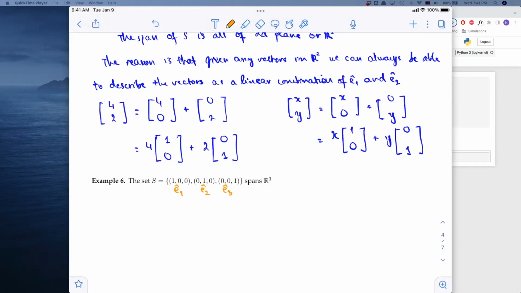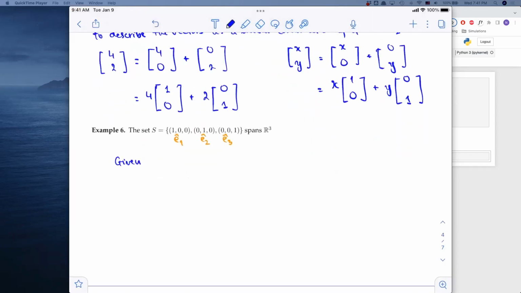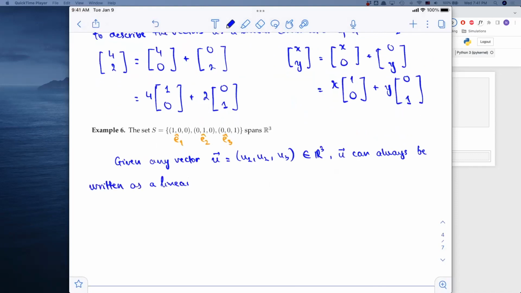Now, given any vector U of the form U1, U2, U3 in R3, U can always be written as a linear combination of E1, E2, and E3.